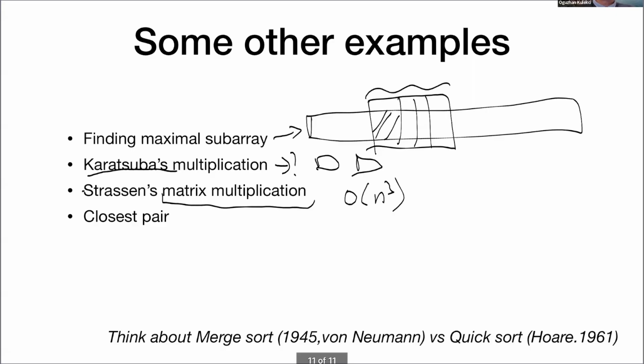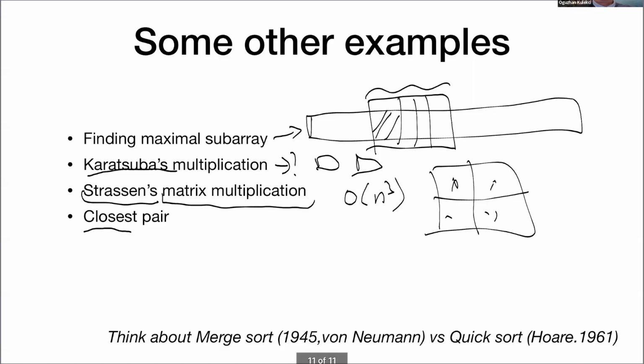With Strassen's matrix multiplication using divide and conquer, you take your matrix, divide it into four partitions and do something. That's Strassen's matrix multiplication, a good example for divide and conquer. And the closest pair problem, again, is a nice example for divide and conquer for your own studies.